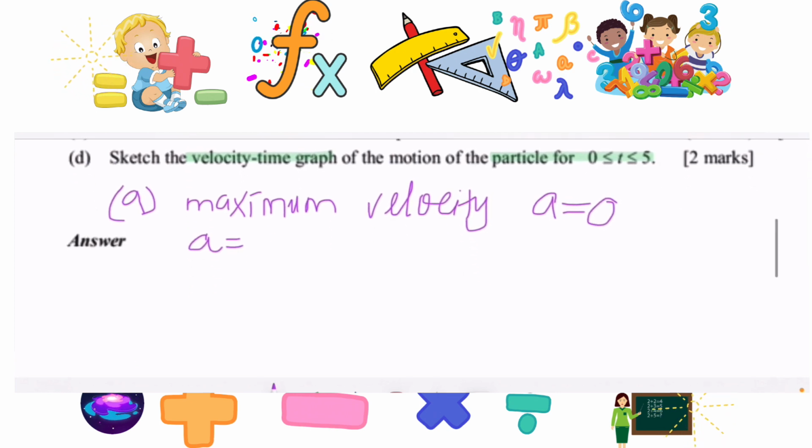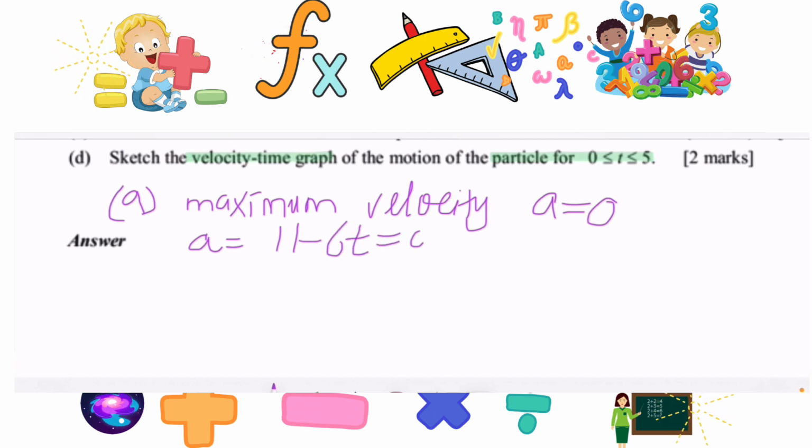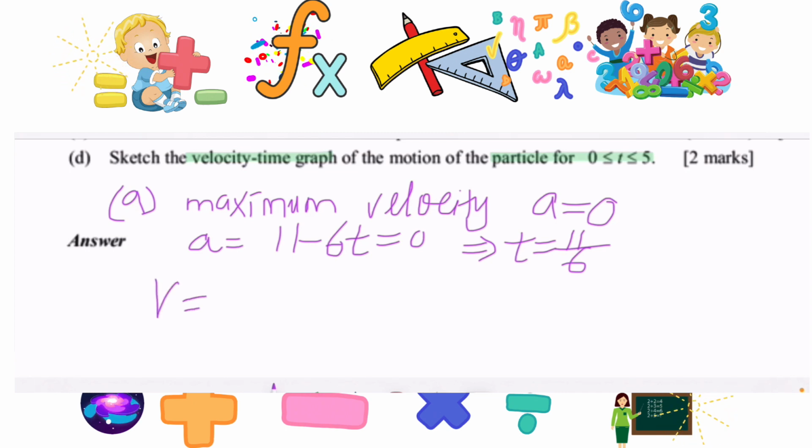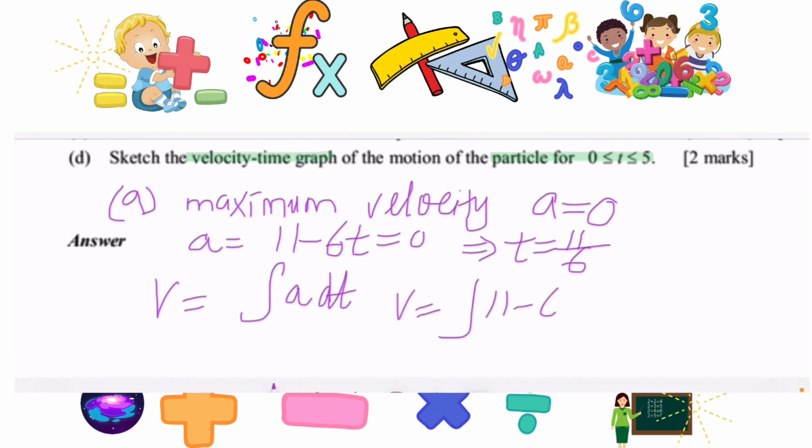So a is a function in terms of t, 11 minus 6t. So we let a equal to 0. The time is 11 over 6. Alright, so that is the time whereby the particle is having maximum velocity.